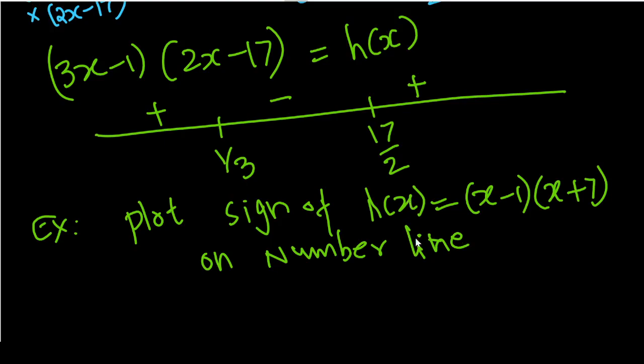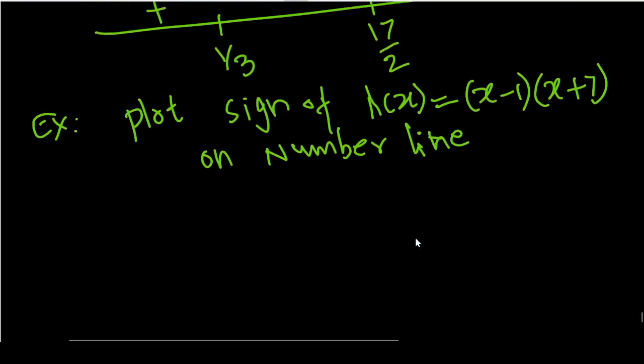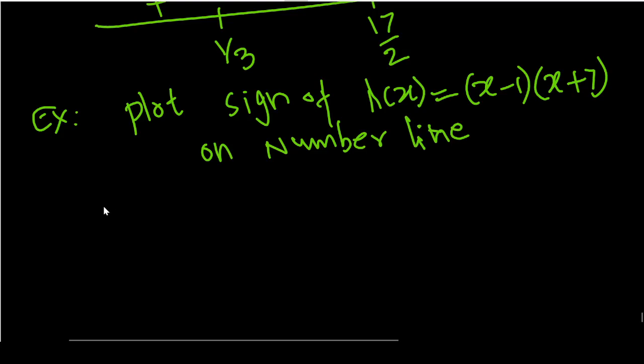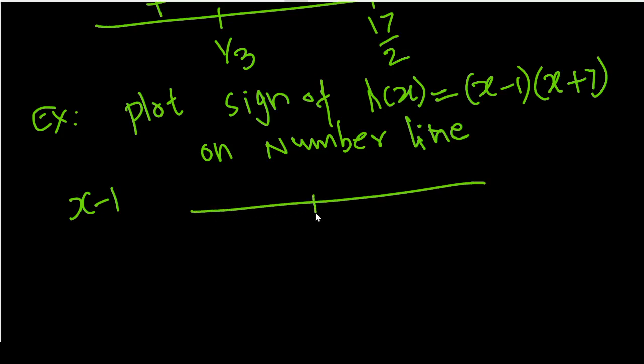So what you will do, guys, we will plot each one of the linear expressions. For x minus 1, it vanishes at x equals 1. So I will plot 1 here, and again plus and minus I will write.